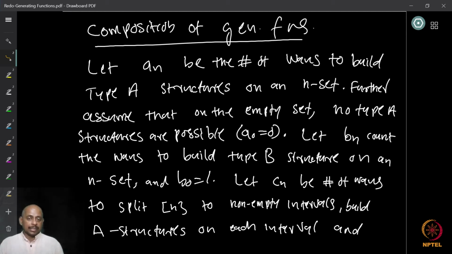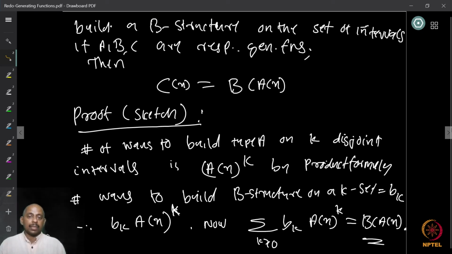Then for each part, 1 to 5, I'll put an A structure on this set. Then I put another A structure on 6 to 9, and similarly I put an A structure on the remaining part. Now on the set of intervals, I put a B structure. However many parts I have partitioned into, that many elements will be there. So each interval becomes an element of the set, and then on these intervals I put a B structure.